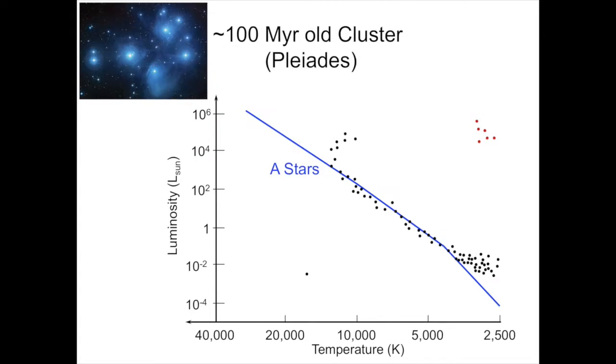By 100 million years, we've reached the age of the Pleiades. The Pleiades is now 100 million years old. All of the O and B stars have evolved away from the main sequence, and if they haven't gone supernova and vanished completely, are on their way to becoming red, or have become red supergiants. We see the very first of the white dwarf stars from the highest mass stars that can leave behind a white dwarf companion.